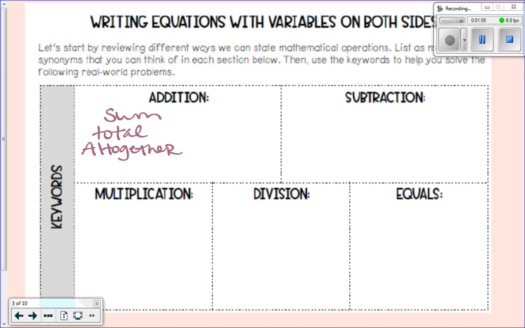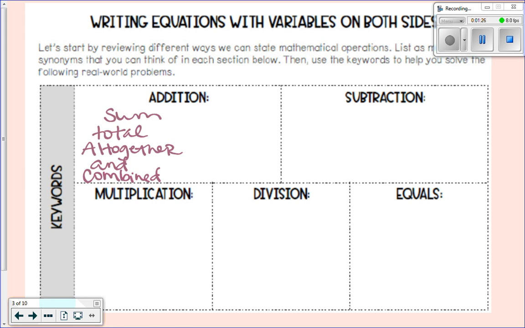And. Anything else? Combined. Good. Plus is an obvious one, right? I hope so. Anything else you can think of? We can always add more.